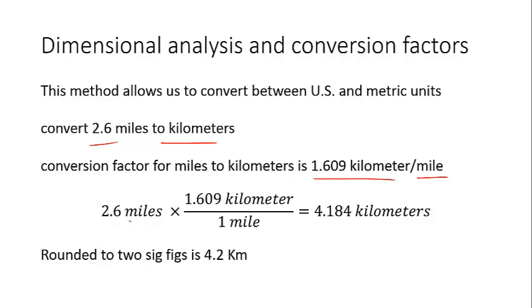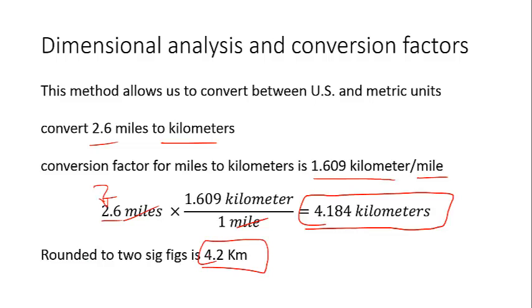So you set up your expression so that miles cancel, and you see that 2.6 miles is equal to 4.184 kilometers. Well, you got to round this to two significant figures because this number here, 2.6, only has two significant figures. So the answer is that 2.6 miles is approximately equal to 4.2 kilometers.